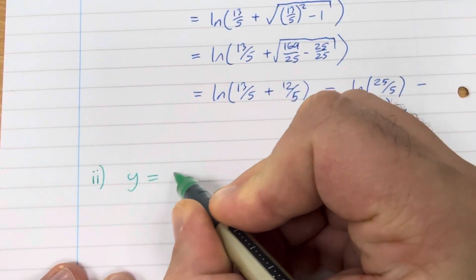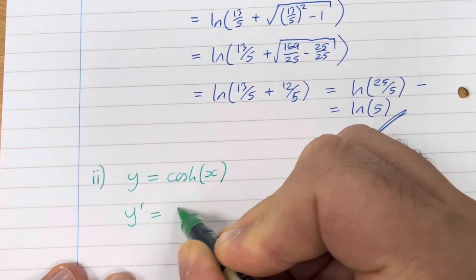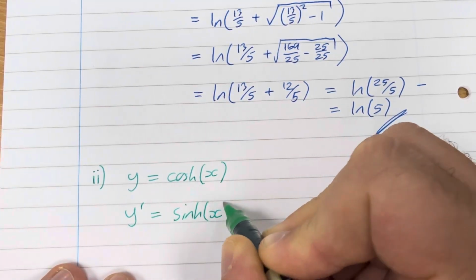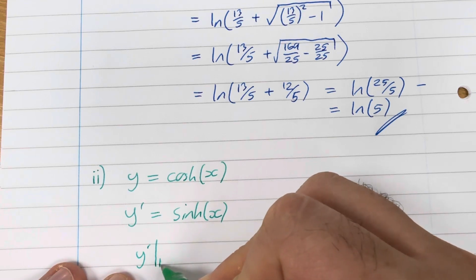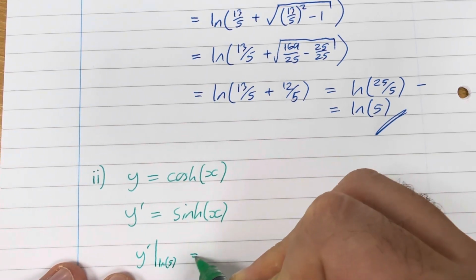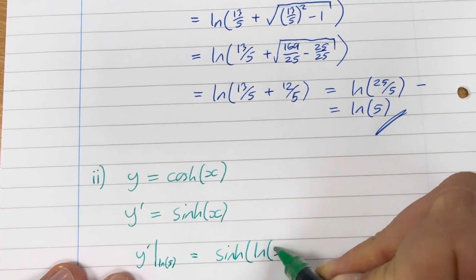So we've got y equals cosh of x. So that means y prime is sinh of x. And we want y prime at the point when x is log 5. So we want sinh of log 5.